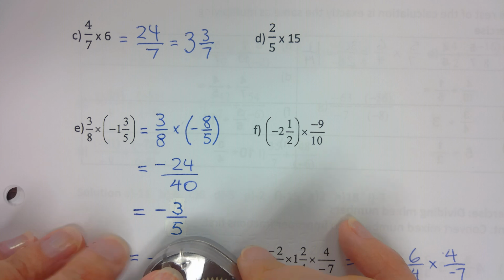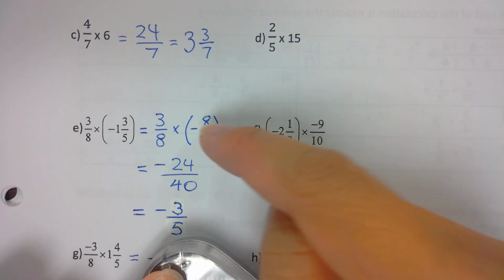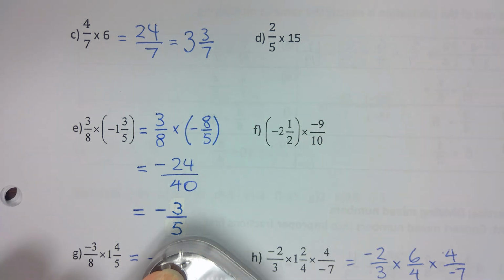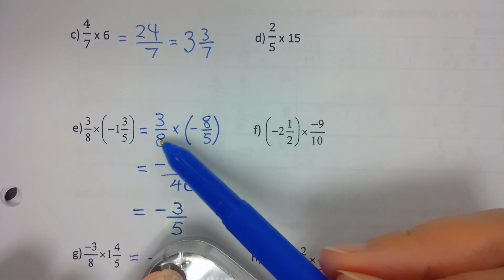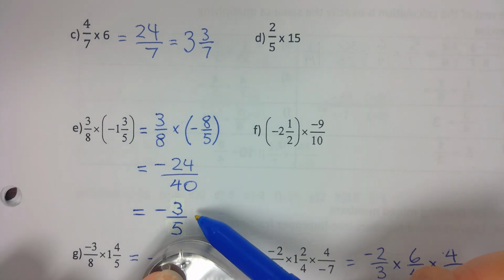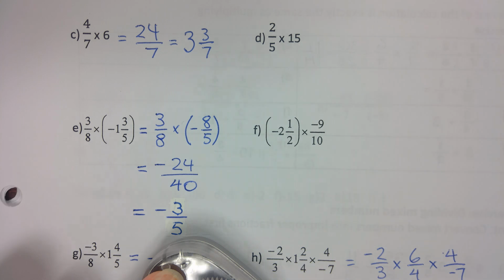Good. Okay. So Armin did it this way, where he just multiplied and then reduced after. You could reduce the 8s over here, cancel out the 8s, and then get the -3/5 as well. So it doesn't matter if you reduce first or reduce last, as long as you reduce. Okay. Good.